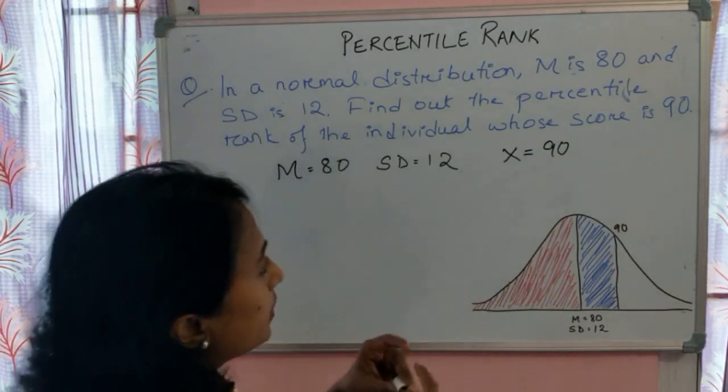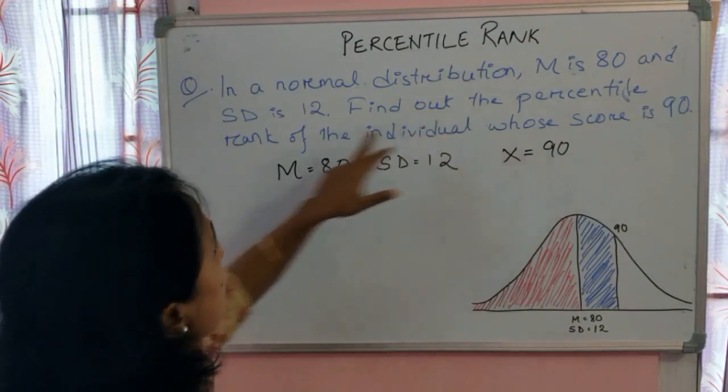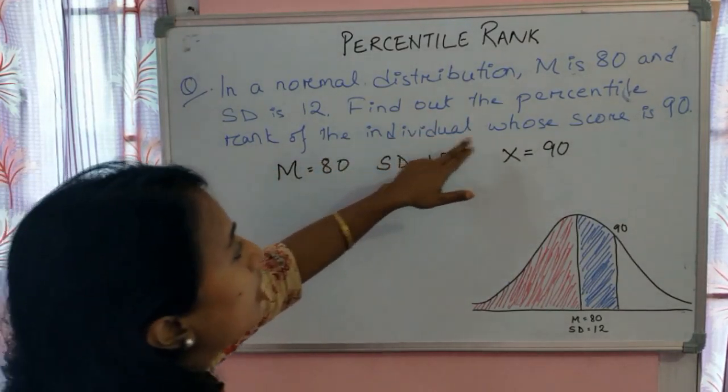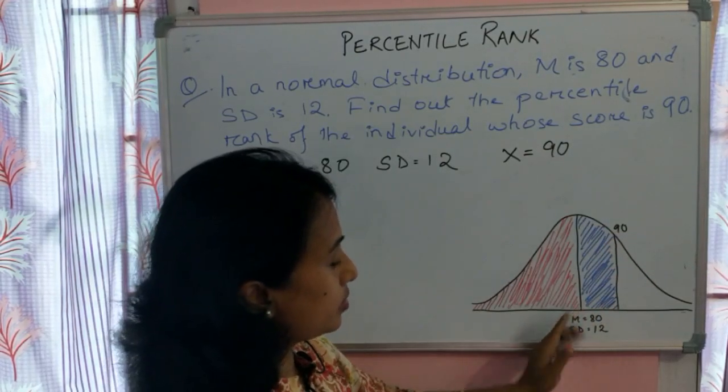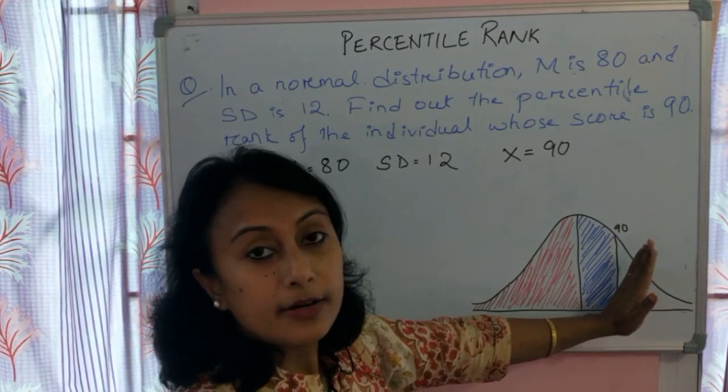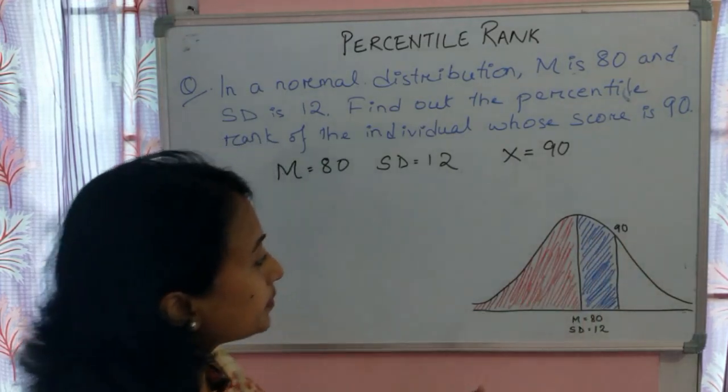Okay, what is the question? Find out the percentile rank of the individual whose score is 90. So 90 is greater than 80, so it has been put on the right side of the NPC.